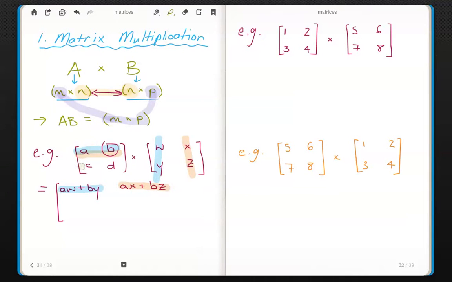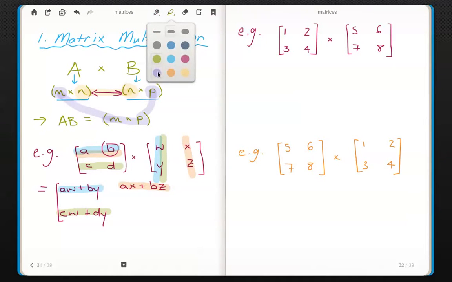Then I'm going to go row CD times column WY. So I have CW plus DY, which is my green one.